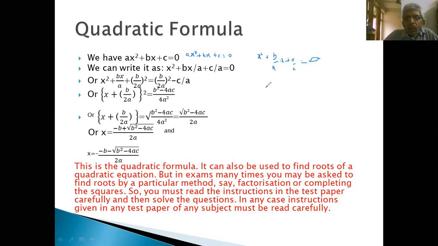Now, we know the coefficient of x is b by a. With respect to the sign, we take this b by a and multiply it by 1 by 2. When we multiply it by 1 by 2, we get 1 by 2 into b by a, and we take the whole square of it.